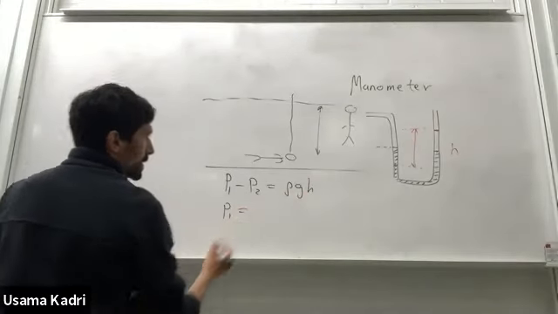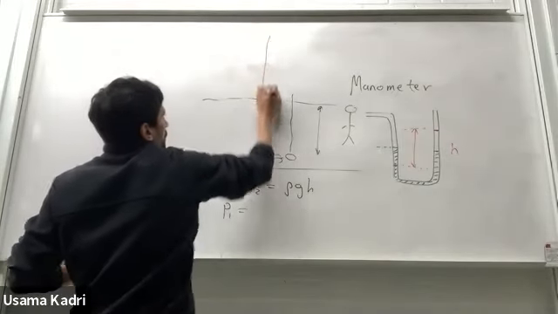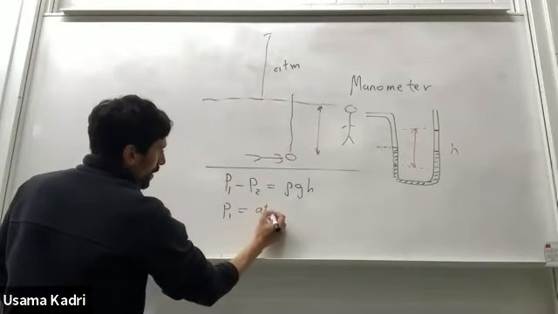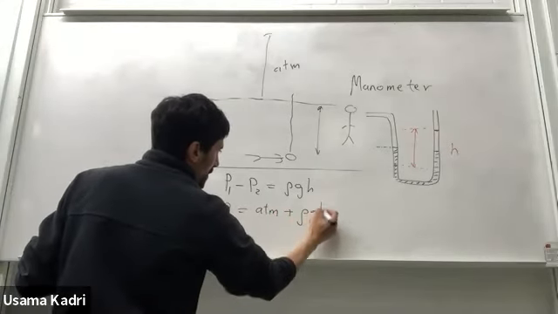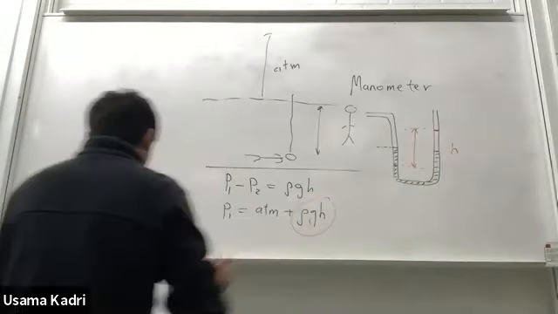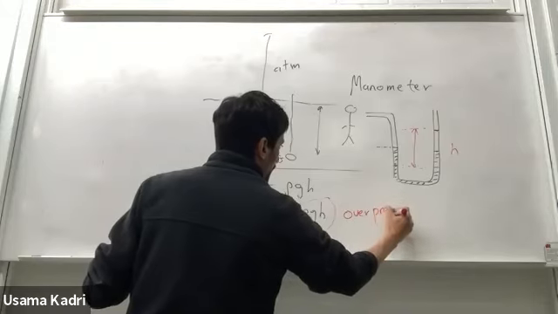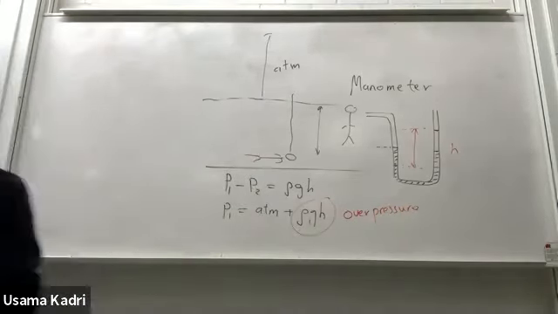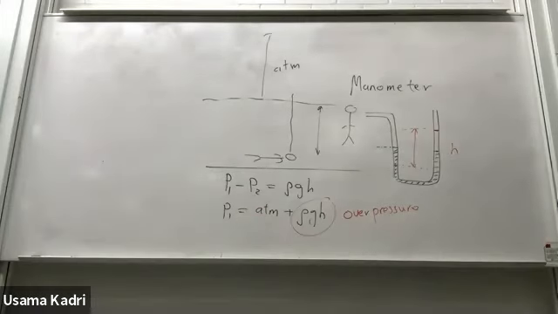P1 equals, now if I'm here, first there is one atmosphere here, right? There is one atmosphere. So I include that as one atmosphere plus rho g h. This is what I'm interested in. This rho g h would be the overpressure that my lungs can create, and that H would tell me how far I can snorkel.